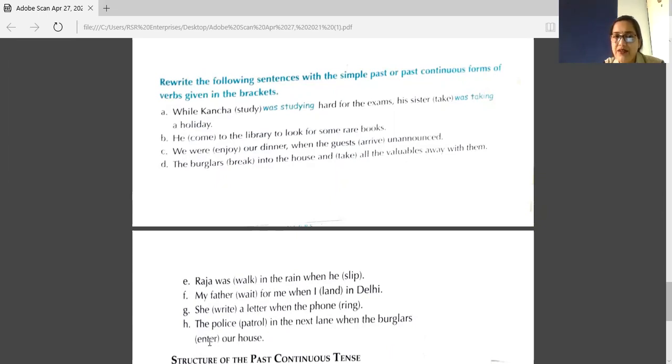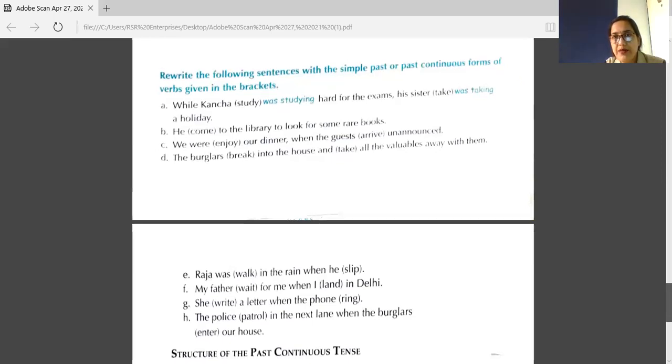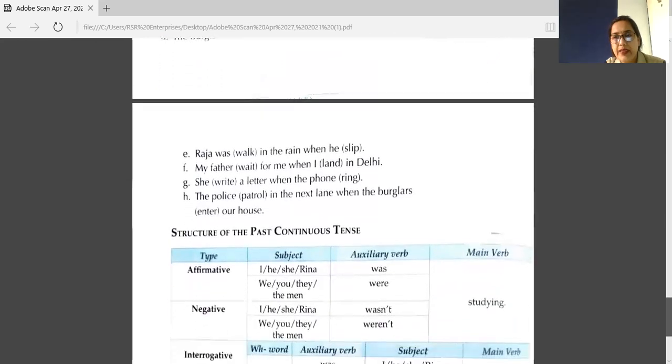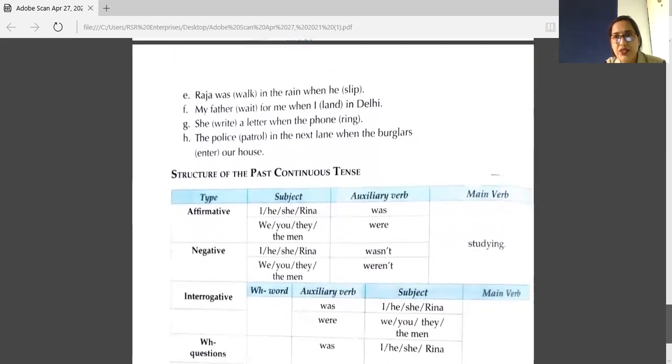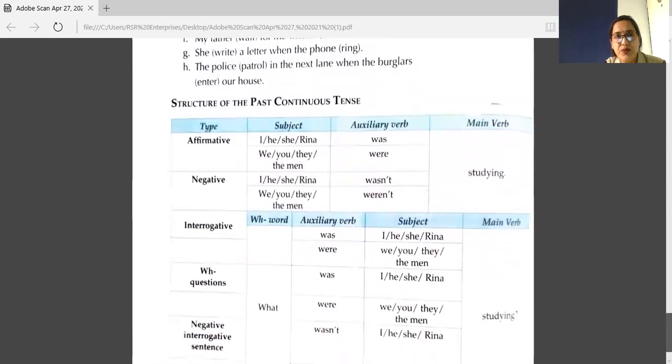So when this action occurred, at this time entered, this is simple past. What was the police doing? Police were patrolling. This is past continuous tense. Understood? So that was the exercise where you have to use simple past and past continuous. I hope you have understood the difference between these two.